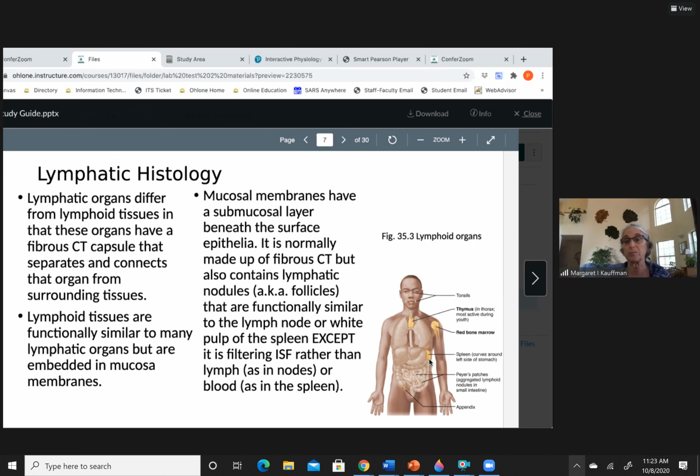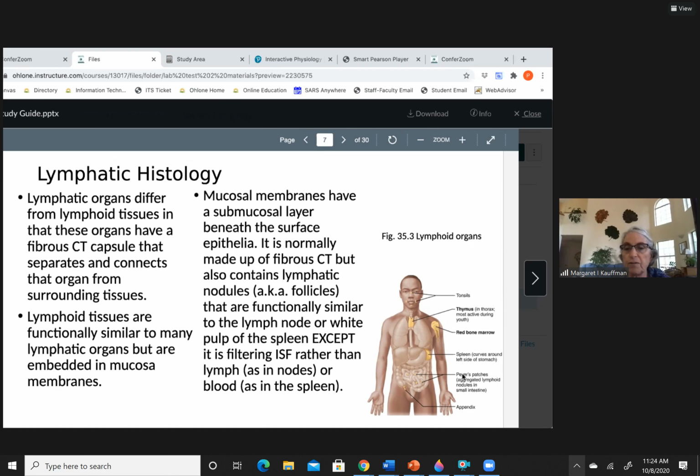But the vast majority of the spleen is recycling red blood cells. There's just these little islands that look a little bit like a Peyer's patch, but embedded into the spleen, which is called white pulp, which we'll see in a minute.